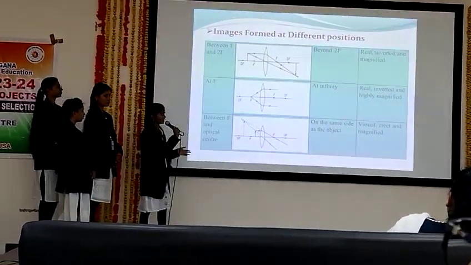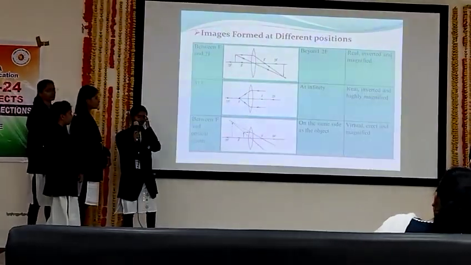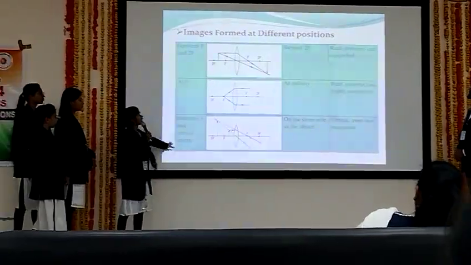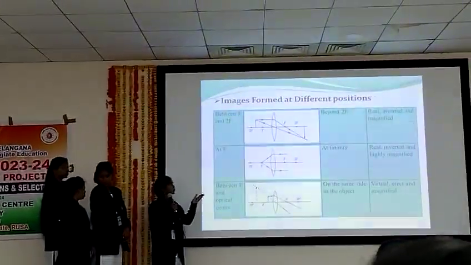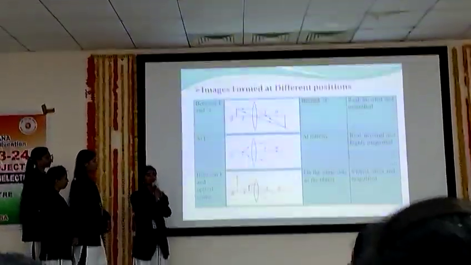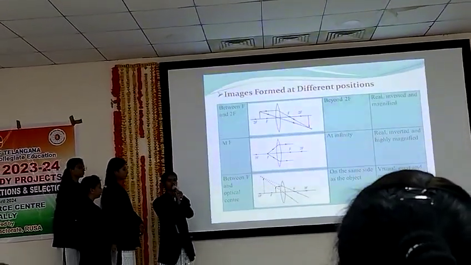This type of image formation is shown in photographers' equipment. When an object is placed between 2f and f, it will produce a real inverted image beyond 2f. This type of image formation is shown in photocopiers.